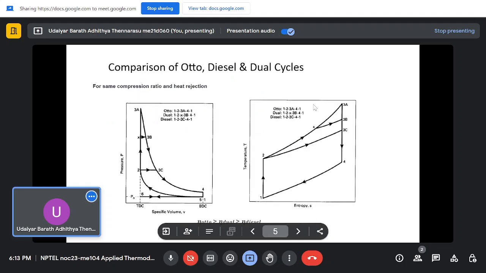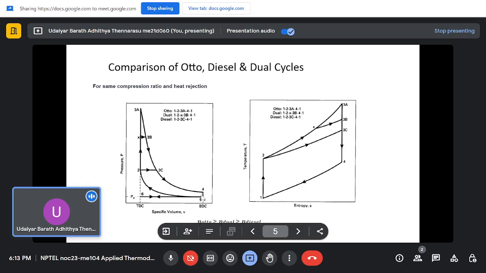So now we have three cycles, so we'll make a comparison of all three: we have Otto, diesel and dual cycle. If we have an engine for which we assume the compression ratio is the same and there is the same heat rejection, which cycle will be better? We'll make a comparison here.